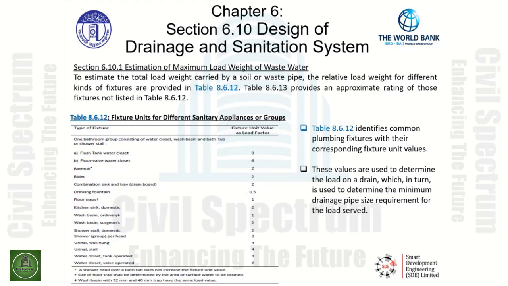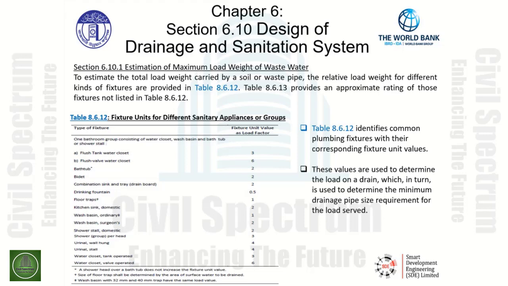Again, you remember from the definition, fixture unit is an arbitrary number used on some arbitrary scale. But we can refine that. We can say it's a fixed number that is utilized to help us understand the demand of a system.